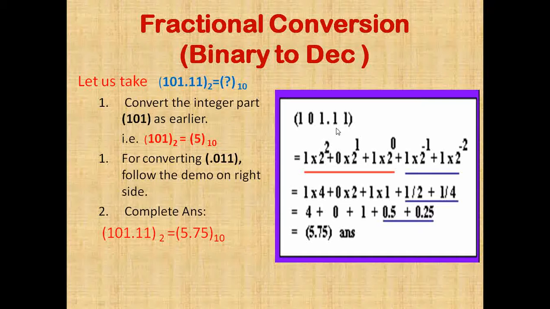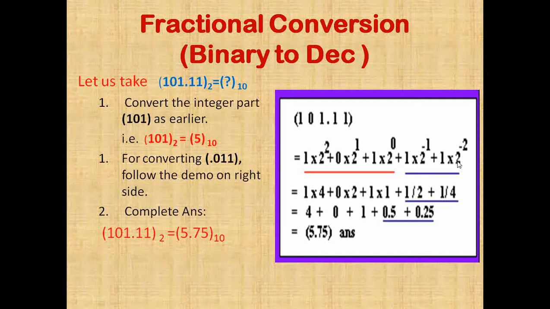We will multiply each digit of this number by powers of 2. How many digits? 1, 2, 3, 4, 5.